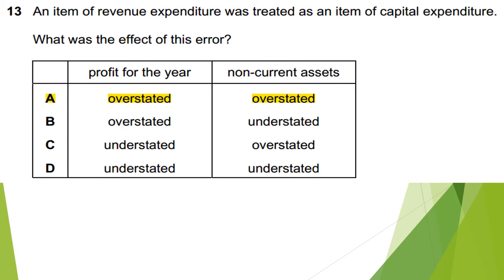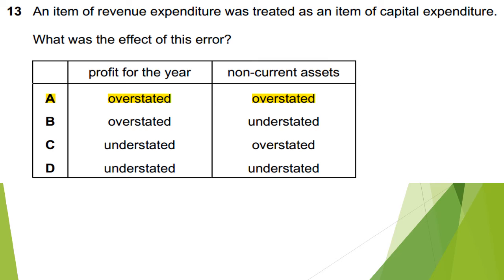And number 13, an item of revenue expenditure was treated as an item of capital expenditure. What was the effect of this error? Option A is correct. Profit for the year overstated, because the revenue expenditure will not be treated as an expense in the profit and loss statement or income statement.